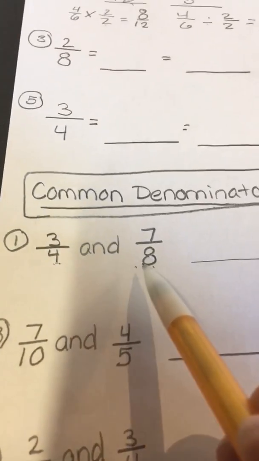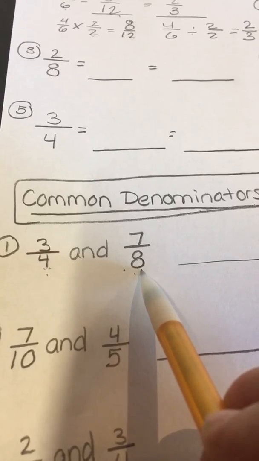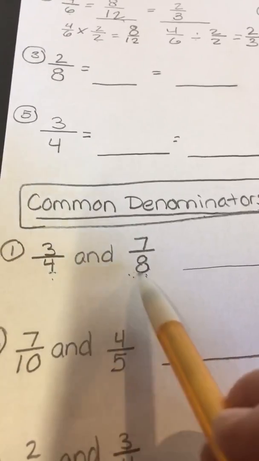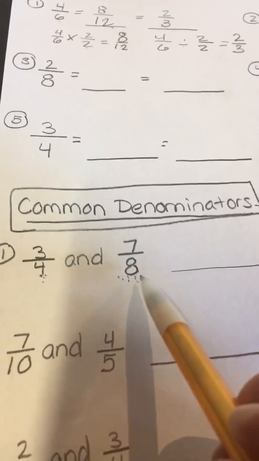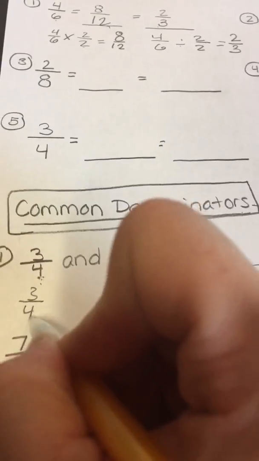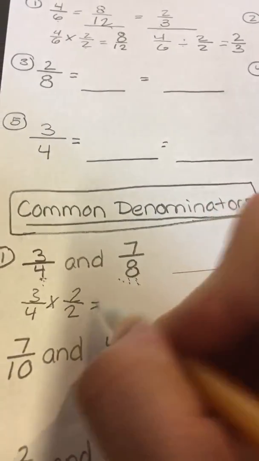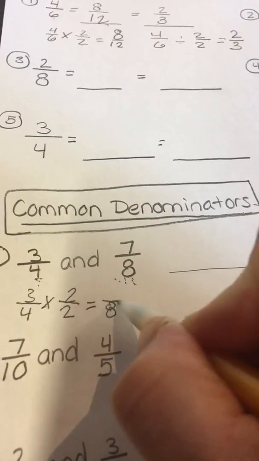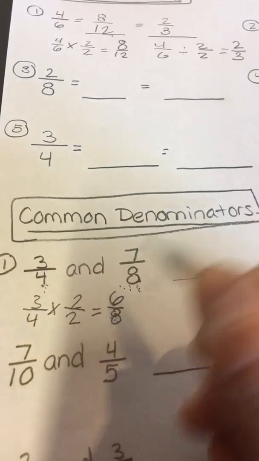So we have 4 and 8, and I'm going to think about how many times can 4 go into 8, or can 8 go into 4, and see if that works. And for 4 and 8, it does. Because 4 goes how many times into 8? 2. So if I take my 3/4 and I multiply it by 2 over 2, I get my 8 for the bottom, which is the same denominator as there, and 3 times 2 is 6.